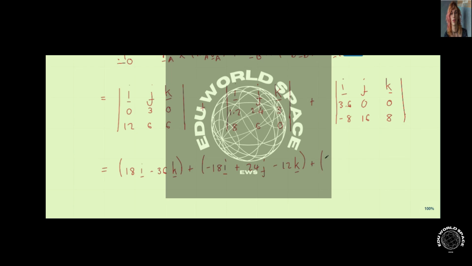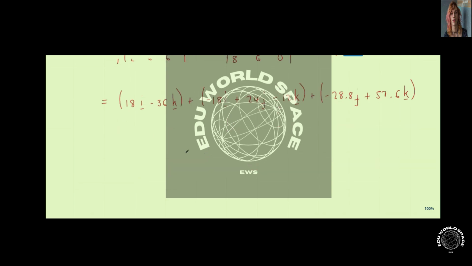Finally, for the last cross product, plus minus 28.8 times basis vector j plus 57.6k. And if we add all the like terms, we get 0i minus 4.8j plus 9.6k.